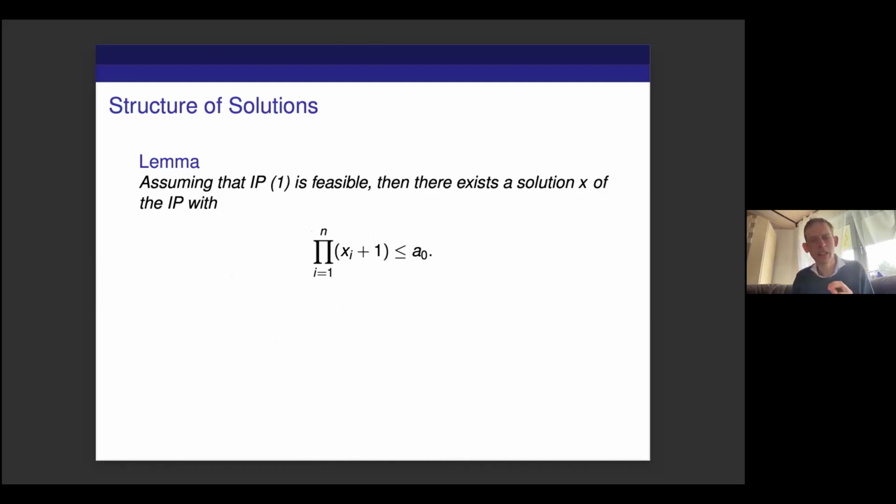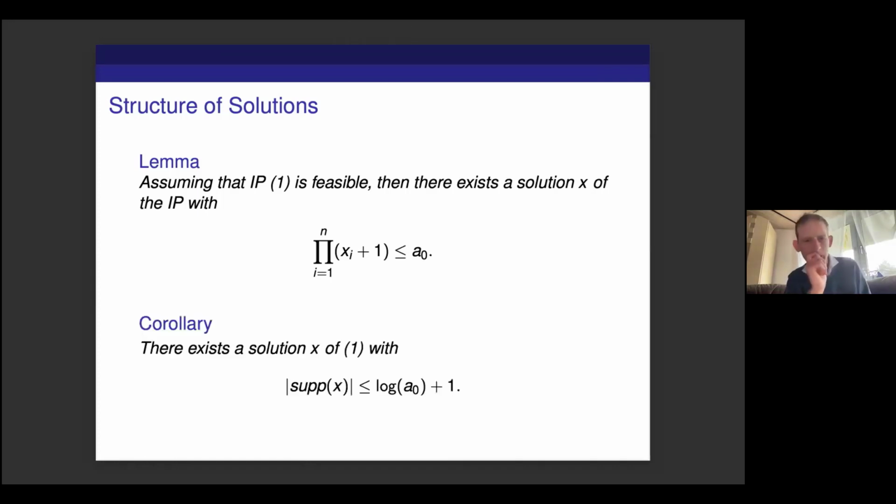So if the IP is feasible, then there also exists a solution x that is rather sparse. There might be some components that have very high multiplicity, but most of them will be 0 or have very small multiplicity.